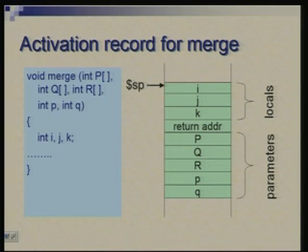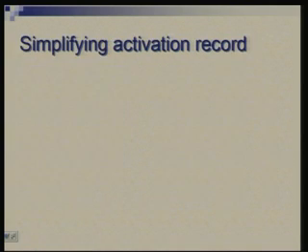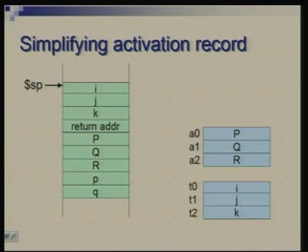Now, this is one way, but we can simplify it further. You recall that there are 4 registers A0 to A3 which are designated for passing parameters. So, we can also use those registers for passing parameters, and since merge is not being called recursively, it is good enough to put up to 4 parameters in those registers.